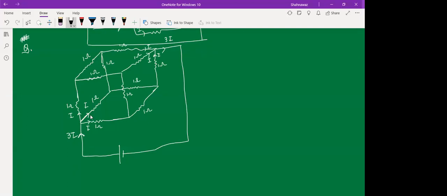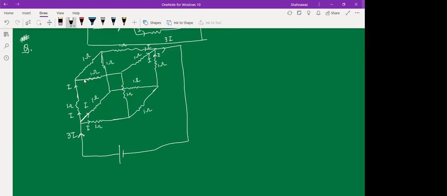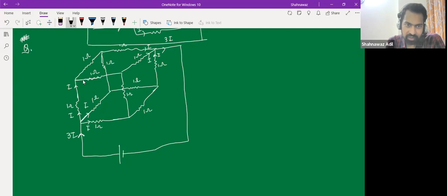Yes, sir. Now you see that at this point, current is dividing in two equal parts. So if this is I, how much would this be? I by 2, half, right? I by 2 and I by 2.